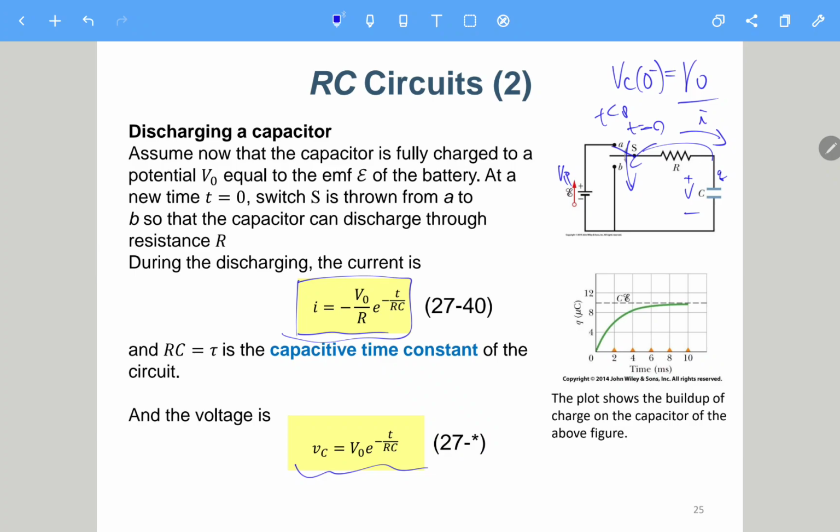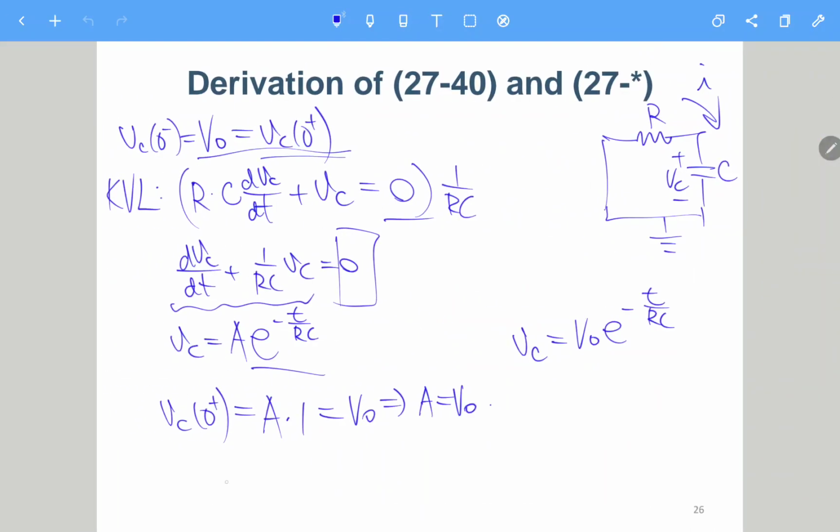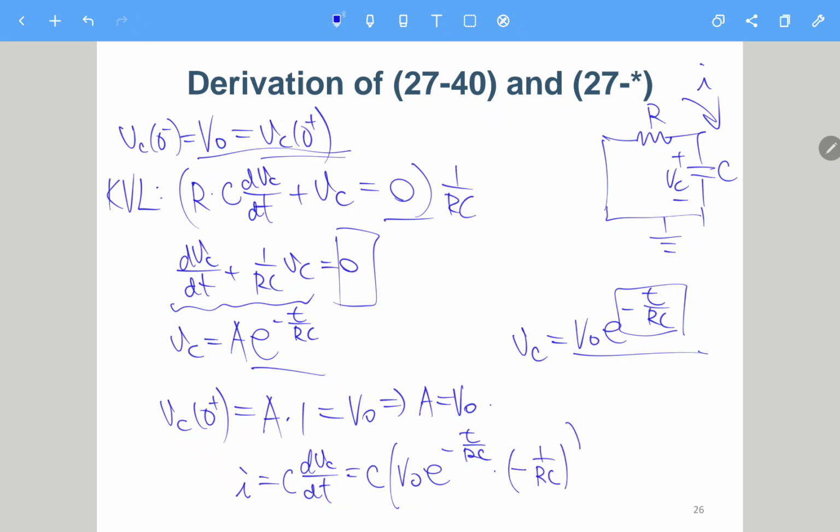And for the I, we can also find it quickly. I will be C dVC/dt. So C, and then we plug in this one here: V0 times exponential to negative T over RC, and also the chain rule, this part, so it will be negative 1 over RC, like this.